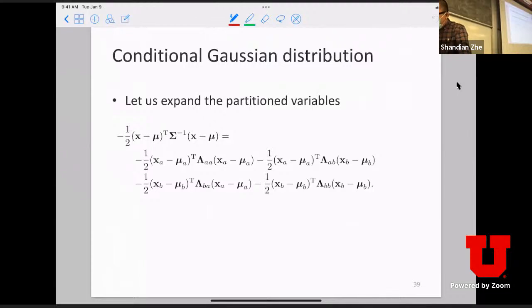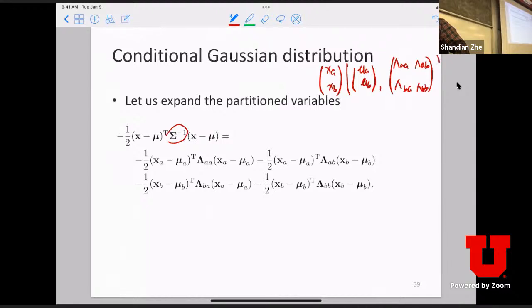First of all, because we have a partition of this Gaussian, we have mu A, mu B, and sigma. But because we're dealing with sigma inverse, to be more convenient, we just look at the precision matrix, the inverse of the covariance. Accordingly, the precision matrix can be partitioned as well, as a block version partitioned in the same way.